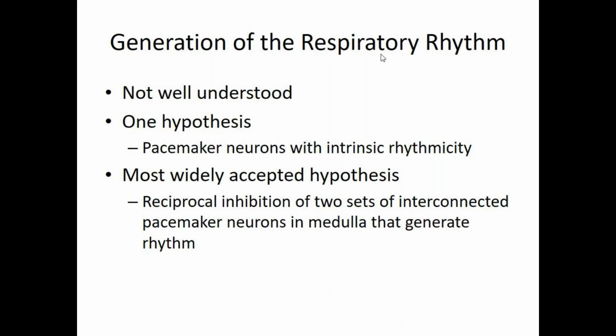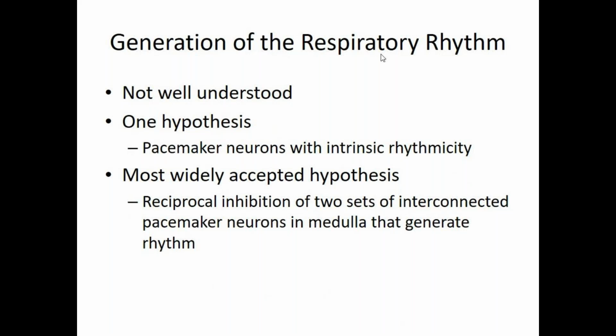The most common and almost certainly the correct answer is actually pretty simple. We have a network of two different pacemakers set in a little circular loop, such that one inhibits the other. Then when the one is no longer being inhibited, it inhibits the first one, and then it goes back and inhibits the next one, in this little relay loop of turning the other one off.